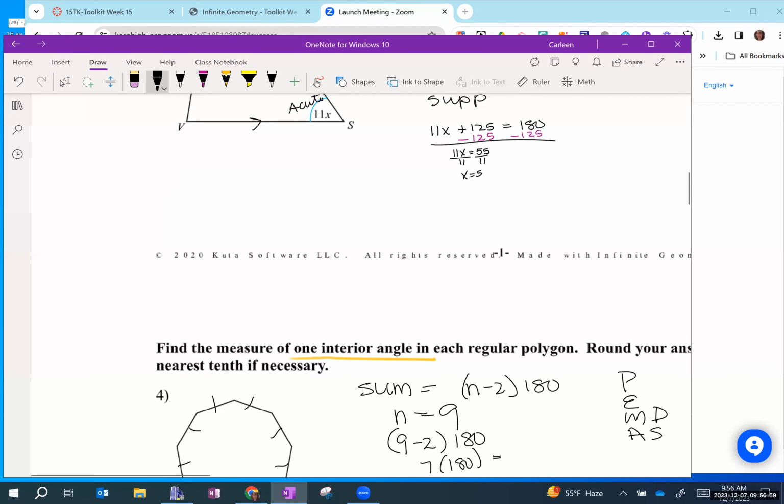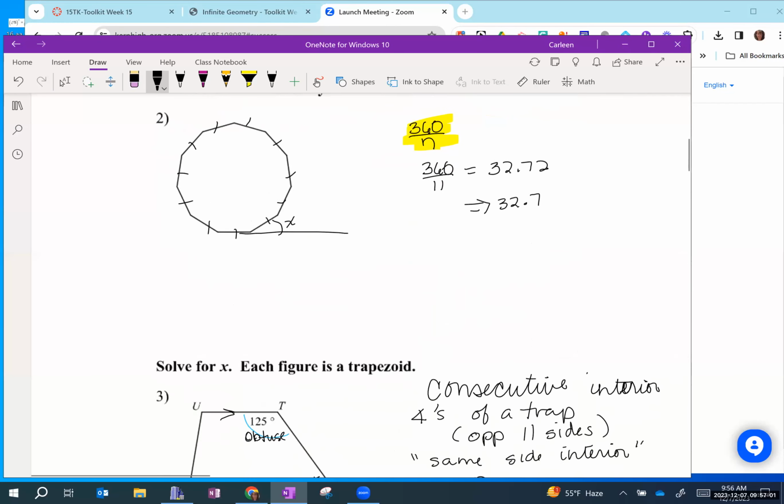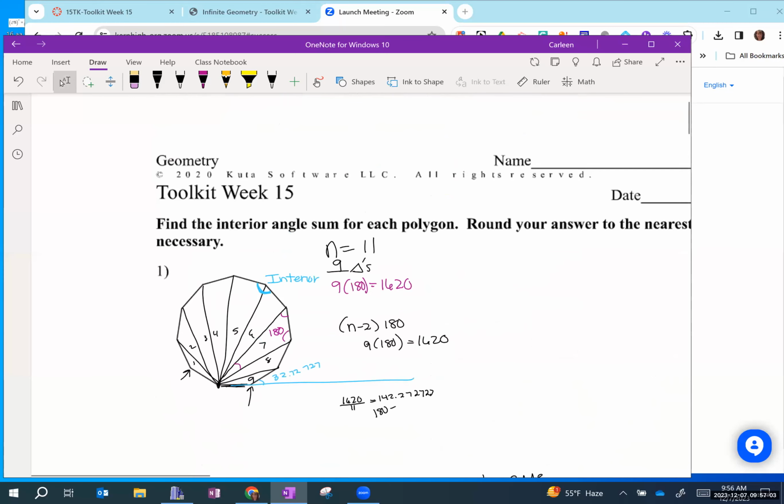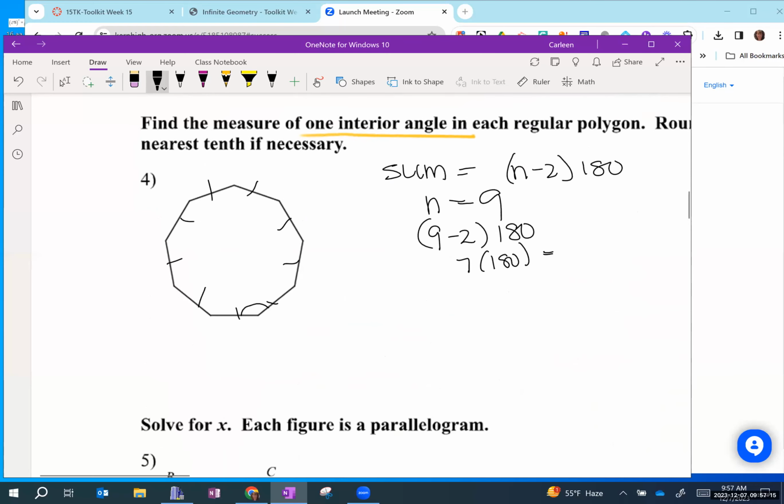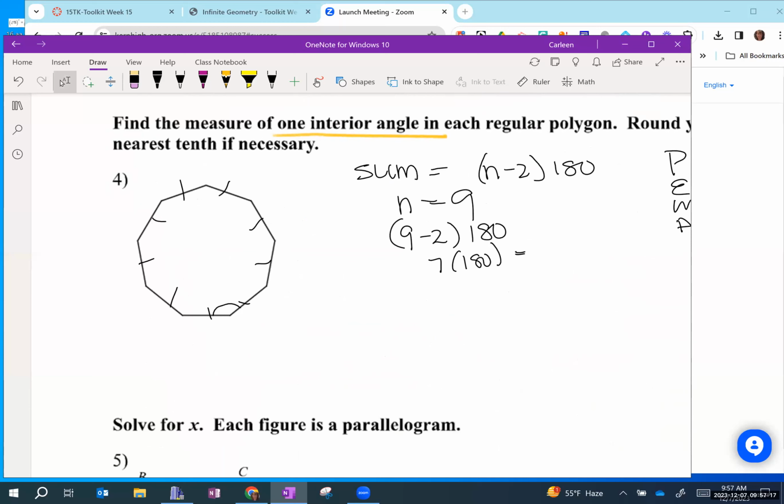You guys, so sorry. I trusted my notes. 9 times 180. Is that right? 9 times 180. What? Okay, you guys, I am kind of tripping here. So 7 times 180. Oh my goodness, you guys.